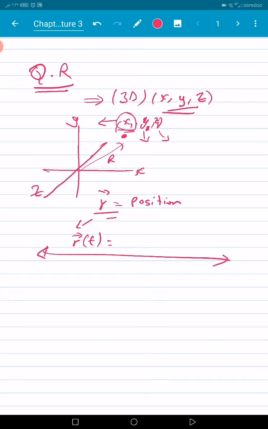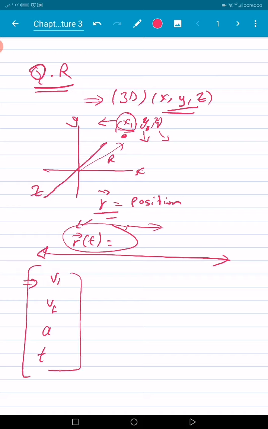And we also know how to apply the kinematic equations to find the 5 important variables: v initial, v final, acceleration, t, and the distance or the displacement as a combination of the vector in space. So I have just 3 important kinematic equations: v final in x or in y or in space.